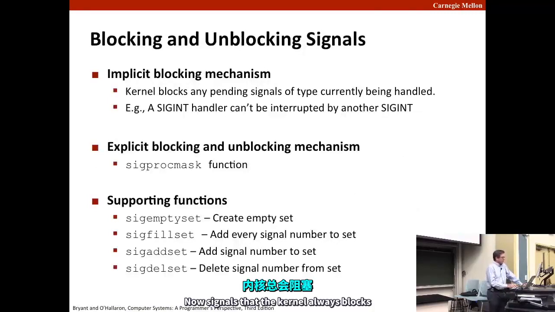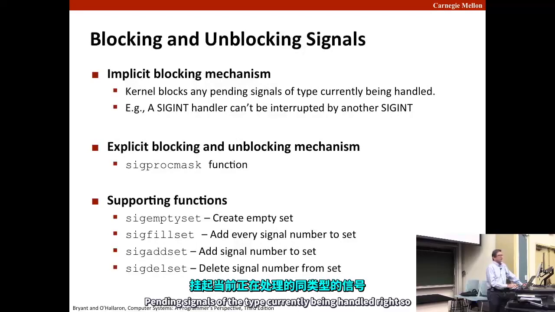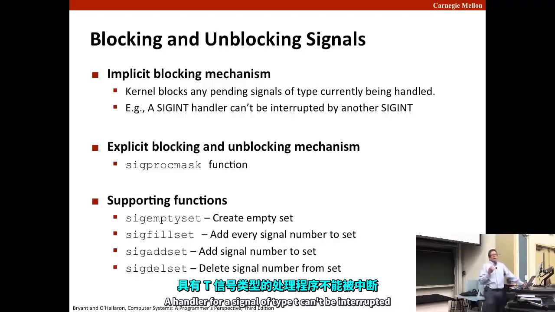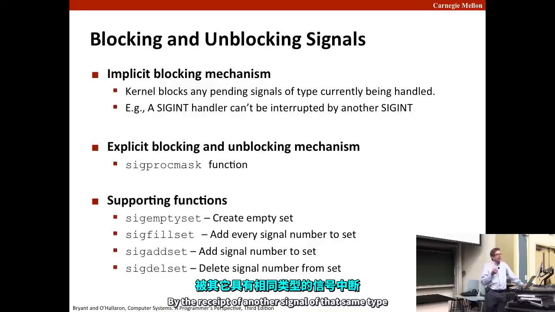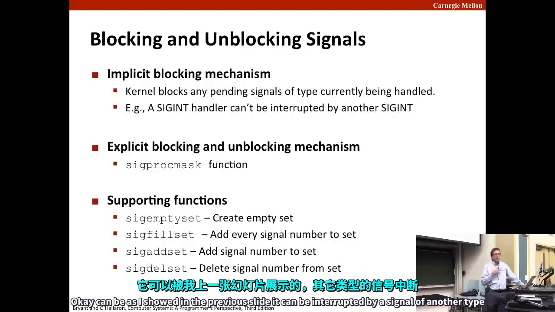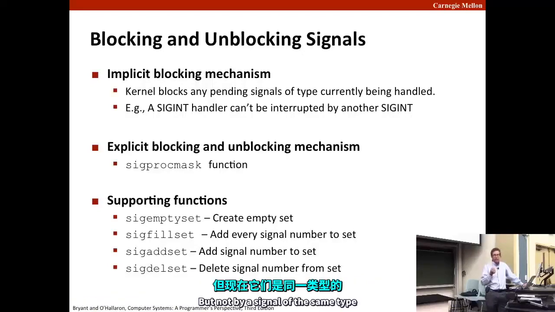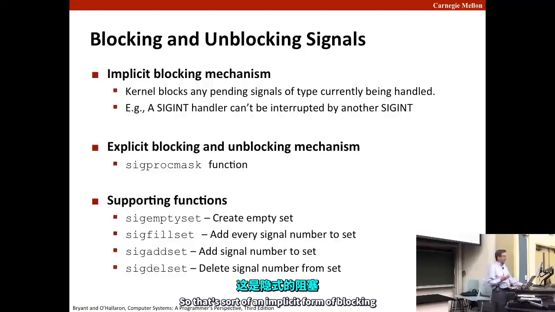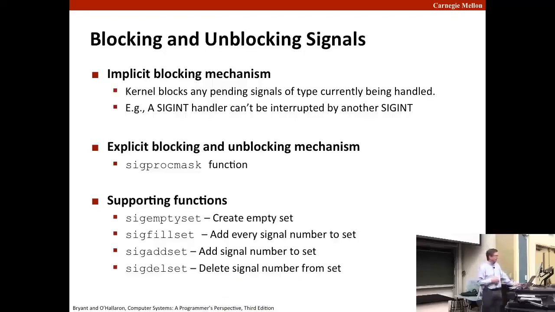Now, the kernel always blocks pending signals of the type currently being handled. So a handler for a signal of type T can't be interrupted by the receipt of another signal of that same type. As I showed in the previous slide, it can be interrupted by a signal of another type, but not by a signal of the same type. So that's an implicit form of blocking.